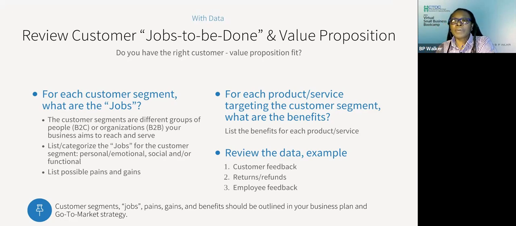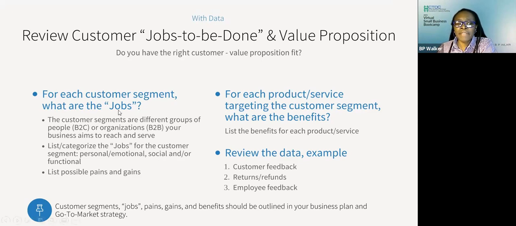We say all of the products are for all of the customer segments, and it can't be, because you'll have a different proposition for each customer segment. So you want to list out the benefits. They might have some overlap, and you want to know that, but you don't want to group everybody together at first. You want to separate them out, because that's where you're going to get the ideas of how best to capture them as a customer.